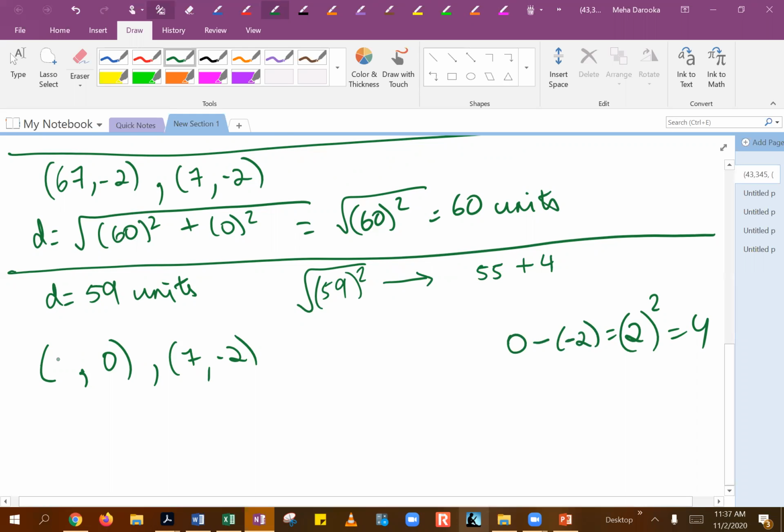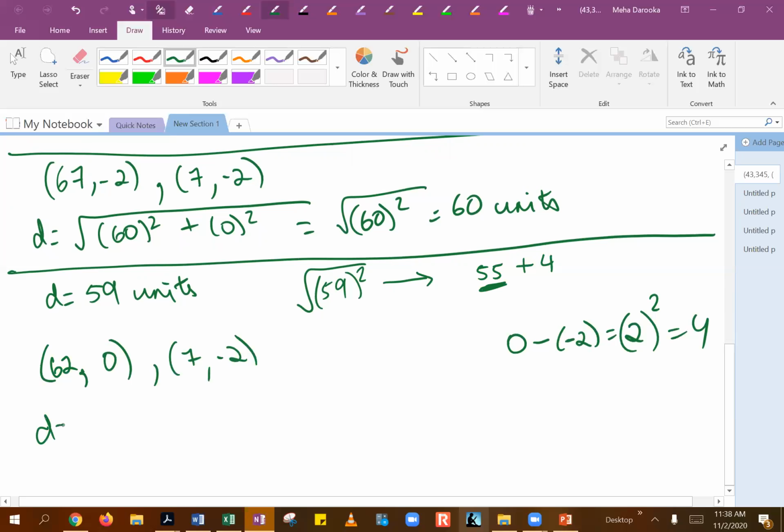So what number can you have in here which gets subtracted from 7, which would end up giving you a total of 55? So just take 7 plus 55, and of course that would tell you this number here should be a 62.